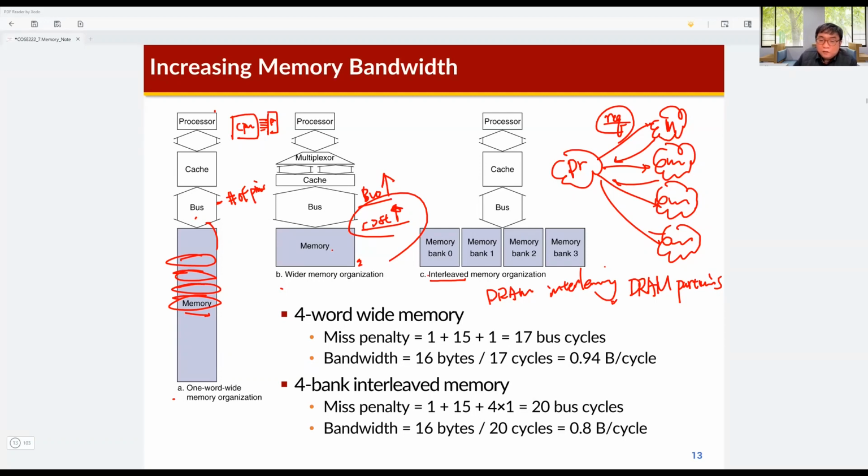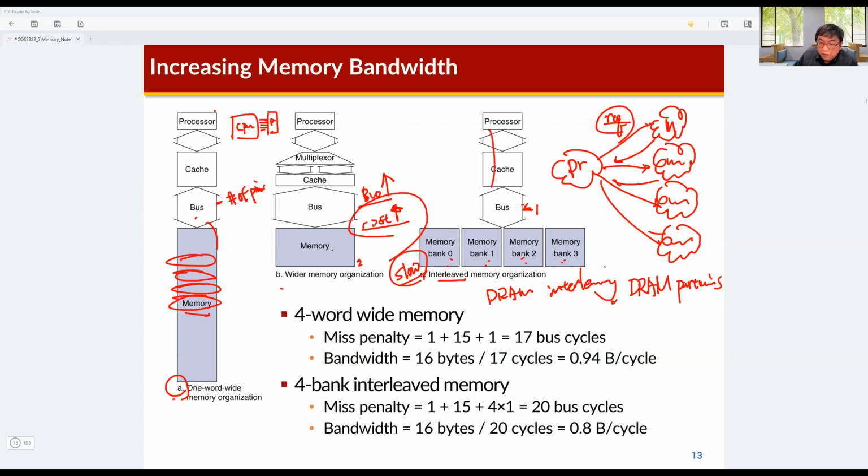But if we just partition the DRAM into multiple partitions, then we can use a small number of pins. That means the memory bus is the same as in case A, but there are multiple partitions. This is okay because this memory is very slow.